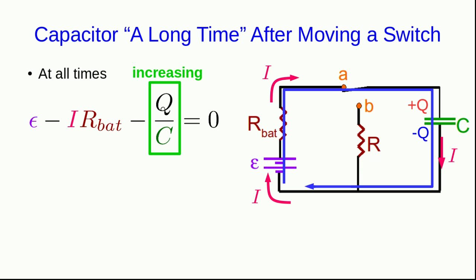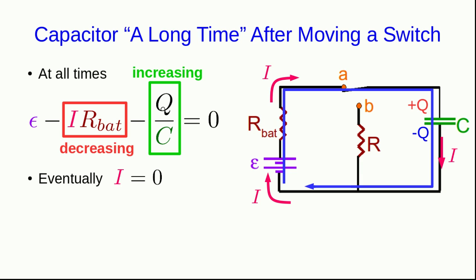And because epsilon has to stay constant, that means the potential difference across this resistor must be decreasing. Well, eventually the current must decrease to 0, at which point the charge stops changing. We'll be in electrostatic equilibrium.